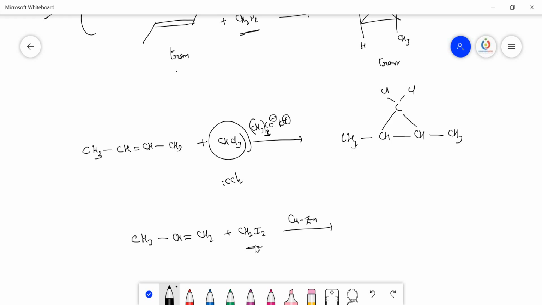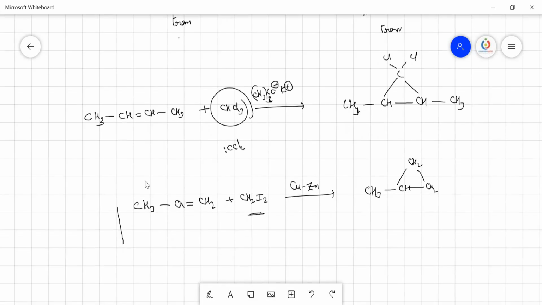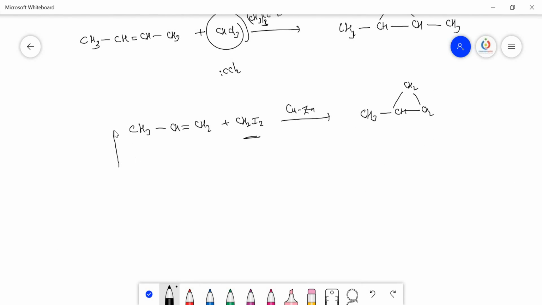Here CH2I2 gives the methylene part only in the presence of copper and zinc, so that we will get CH3, CH, CH2 and CH2. And the last reaction is called the Simmons-Smith reaction.